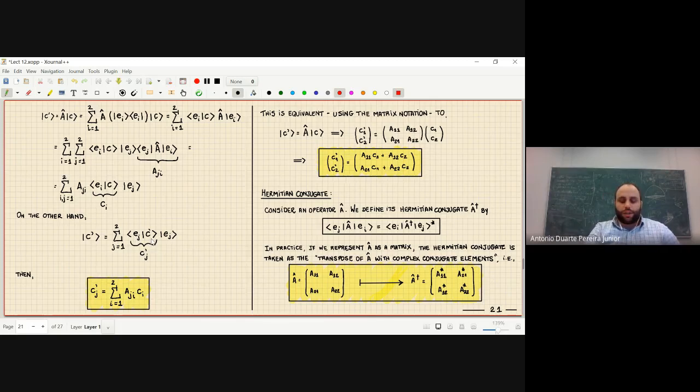And then I just compare the coefficients, and this is the result. So what this is telling me is that I know how to relate these coefficients C prime with the coefficients C, which correspond to the coefficients of the expansion of the vector C in the basis E.